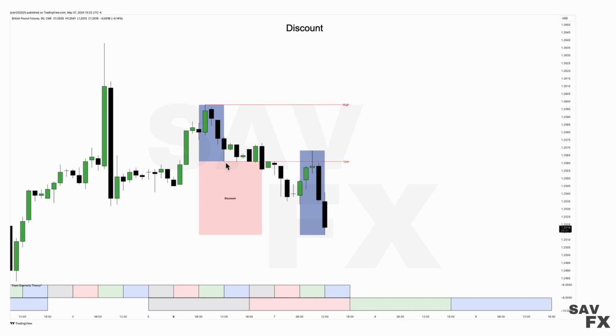Anything below it, unless it's at a time-based range, is regarded as a discount, meaning you want to avoid taking any trades that are not within this range or do not react within this range. For example, this Q3 right here, you can anticipate that being a continuation of Q2.